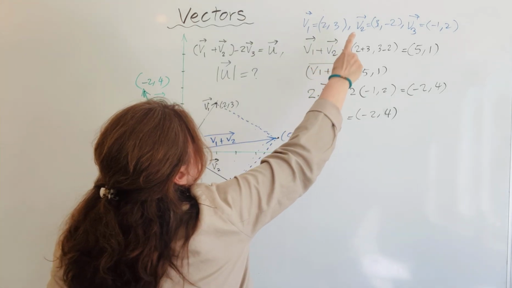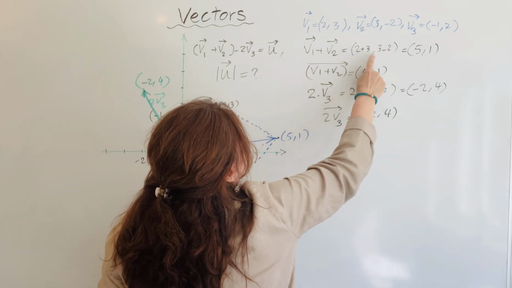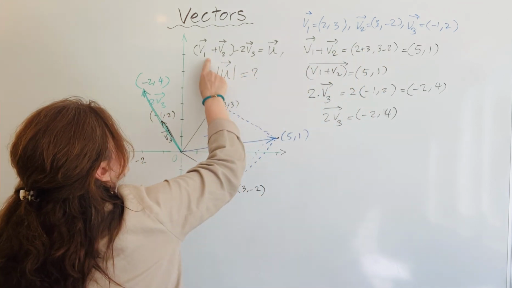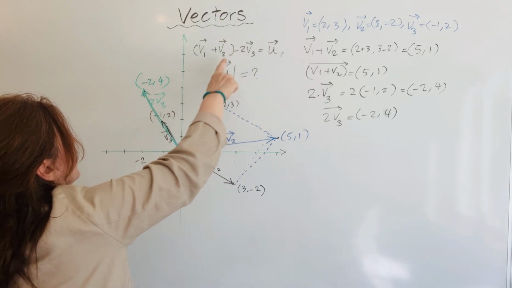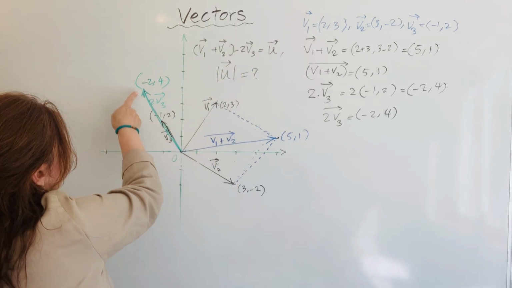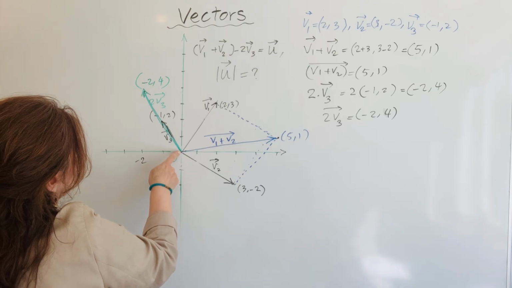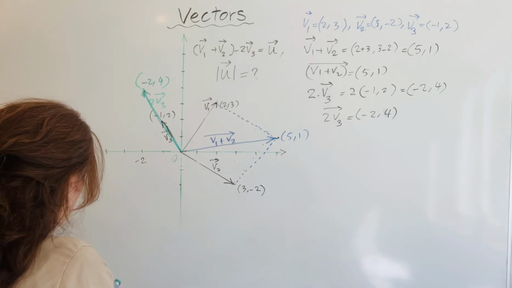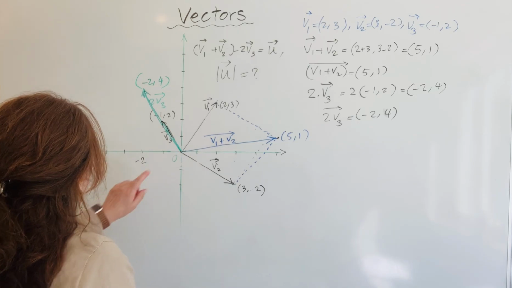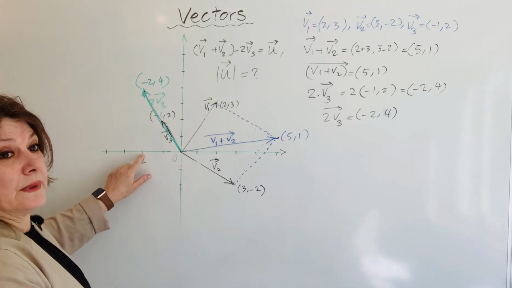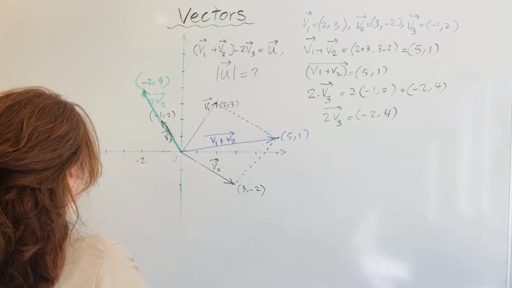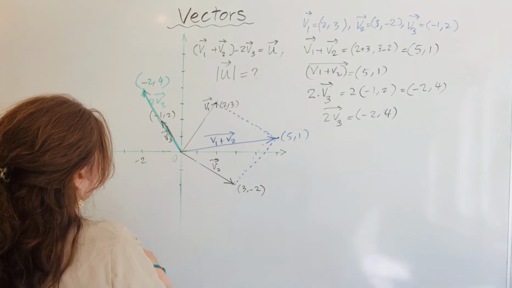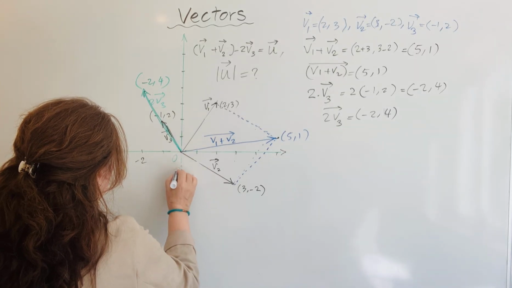We have this addition minus twice of this one. Twice of this one, minus, means this vector goes to the other side. How can we find it on the other side? Here is 2 to left, 4 up. We can say 2 to right, 4 down.